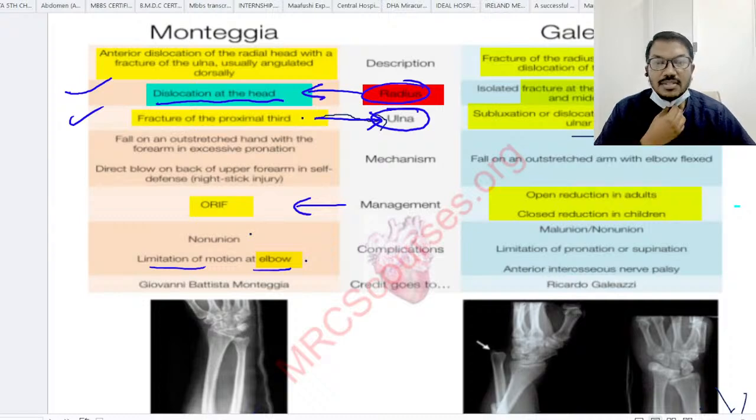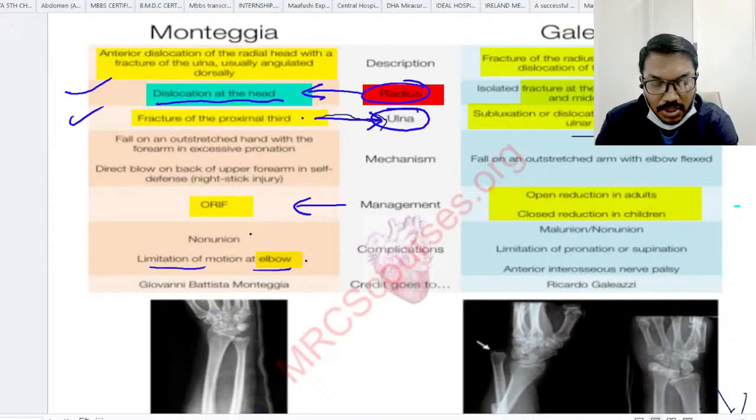In Monteggia fracture, just focus on these two points, radius and ulna. Radius head will be dislocated.